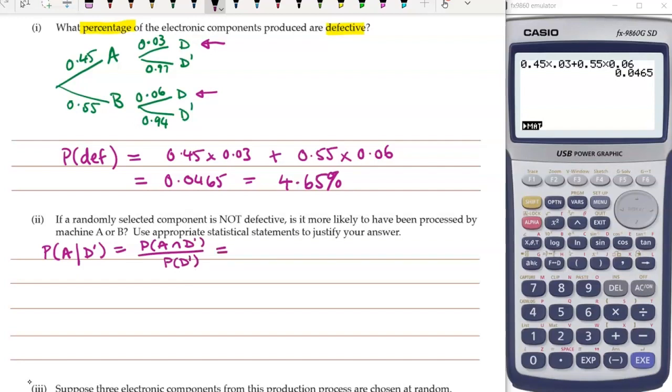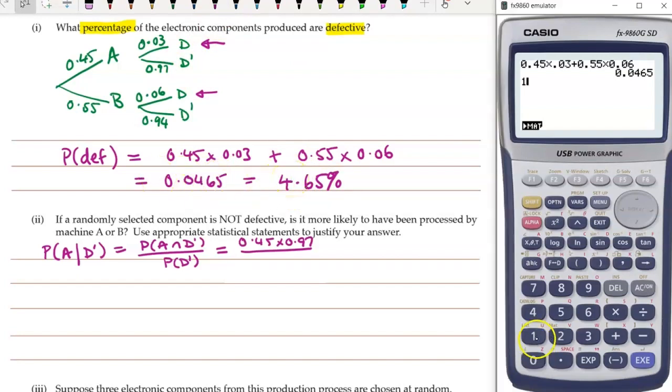Okay, so if we look for A and not defective, that's 0.45 times 0.97. And we divide by the probability of it being not defective. Well, up here we worked out the probability of it being defective. So if we do 1 minus, we'll get the probability of it being not defective.